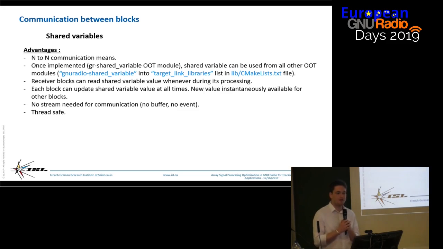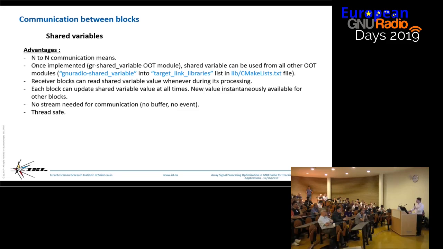We would also say that receiver blocks can read the shared variable whenever they need to inside of their work function execution, so that can be controlled by the developer instead of being handled in the scheduler as with the messages, for instance. Each block can update that shared variable at all times during its own work execution, so that will be instantaneously seen when other blocks start their own work function. And finally, it's thread safe.